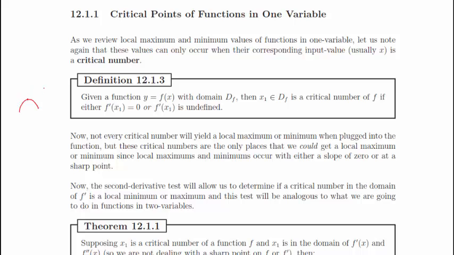If I have a sharp point like this, then the derivative is undefined. So here I have x1. x1 is in the domain of the function because that point does exist on the function, but the derivative is undefined because we have no defined slope at a sharp point.